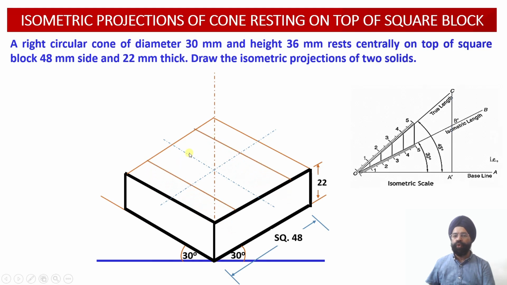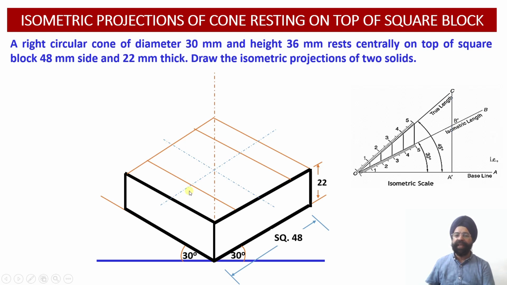So what I will be doing, from these two axis lines, I will be drawing two pairs of parallel lines which will be at a distance of 15 millimeter from the axis, from here as well as from here, right? So let us take up this axis line first of all. This is my first axis line.